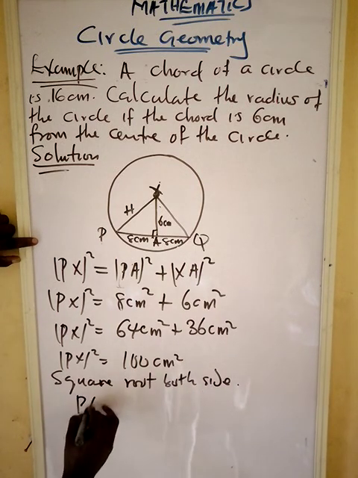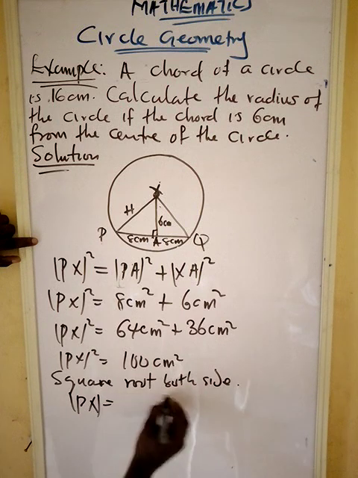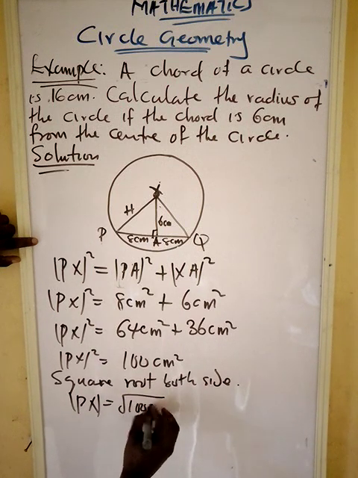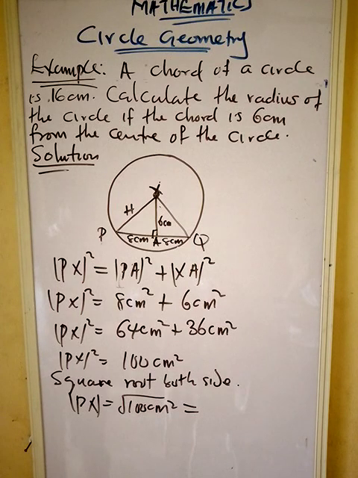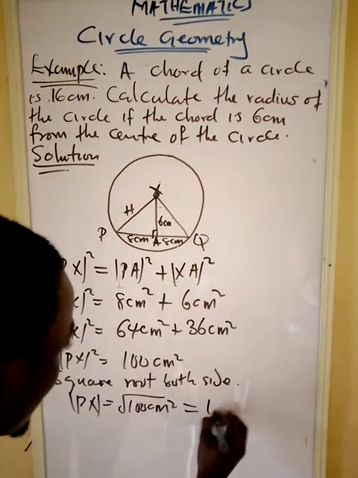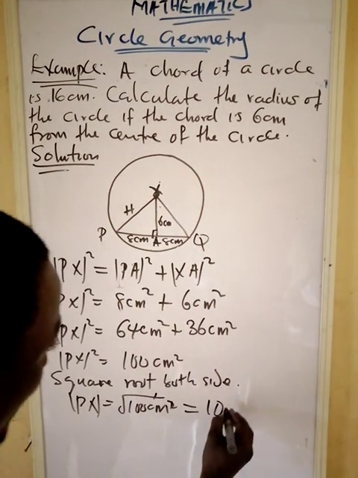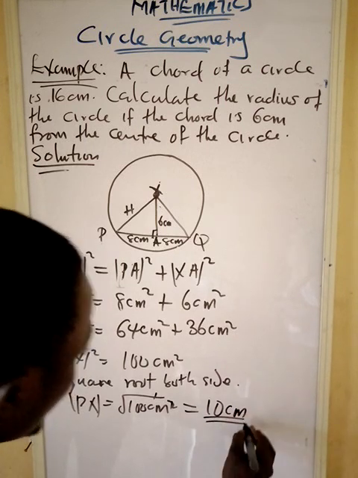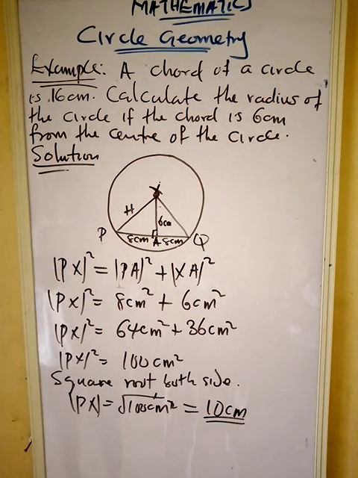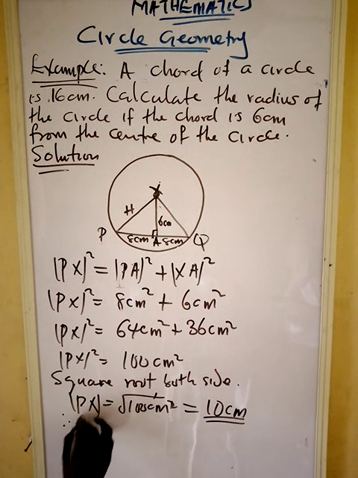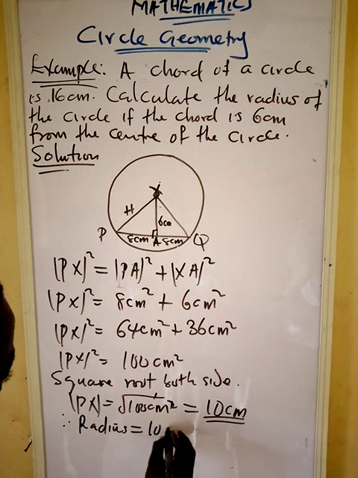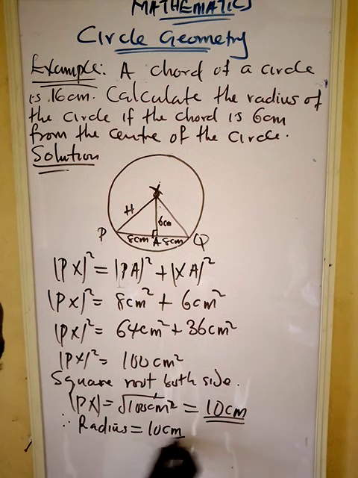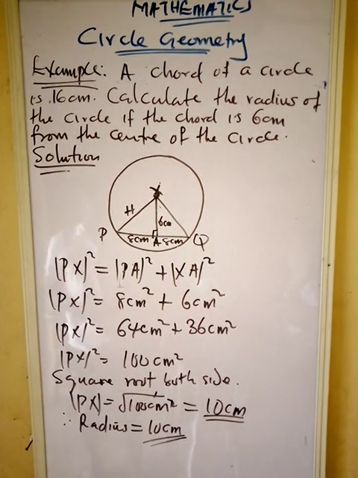PX equals root 100 centimeter squared. The square root of 100 gives us 10. Then the squared cancels the square root, leaving centimeter. Therefore, our radius is equal to 10 centimeters. That is our radius.